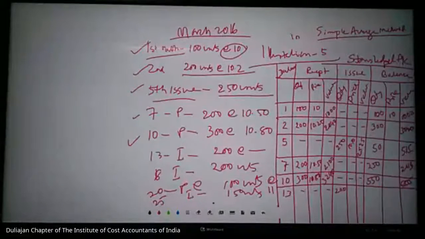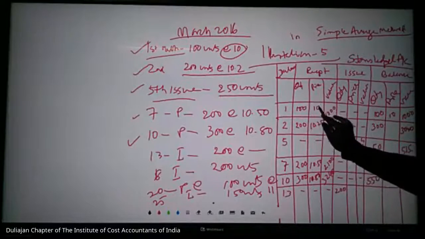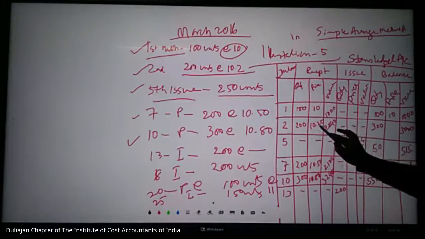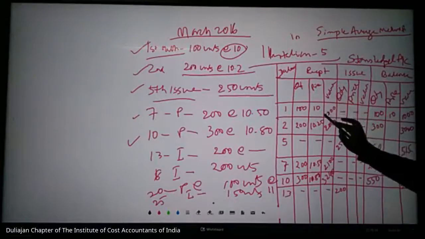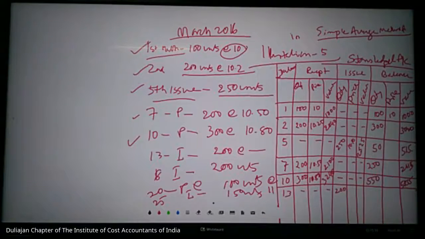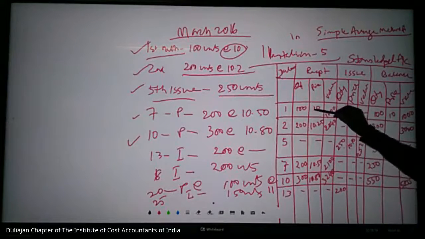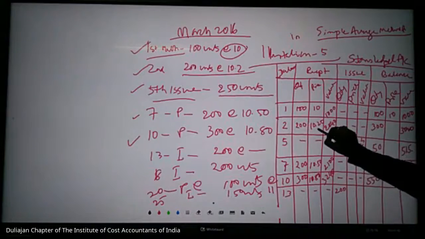See, just I am telling you here. I have got stock for 13 March. How many prices are there? Sir, three prices. Just look here. I have purchased at 10 rupees. That 10 rupees item is not there anymore, because when I issued 250, those 100 are gone and only this remains.